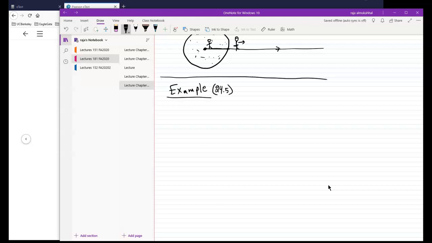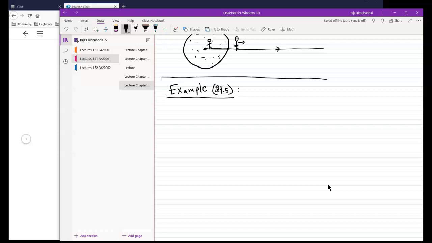So what I have in here is a line of charge. Imagine a line of charge, and let's assume that this line of charge is infinite. When we say infinite, it means very long. In the physical world, there is no such thing as infinity, but when we say infinite, it means it's very, very long.